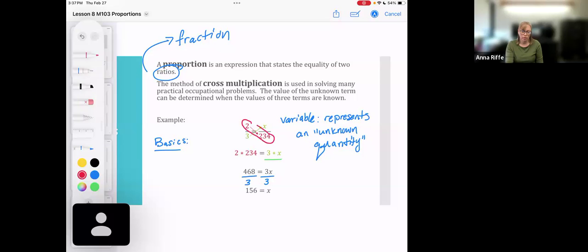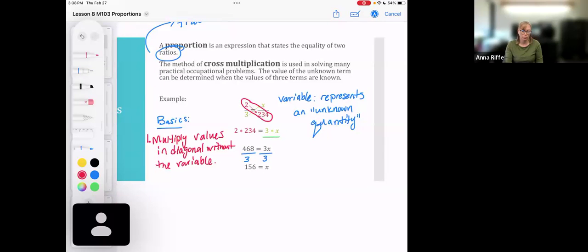One is the 2 and the 234, and one is the 3 and the x. The diagonal that has no variables involved is 2 and 234. We're going to multiply those two values, the values in the diagonal without the variable. Most of the problems that we are going to encounter in this lesson have such a diagonal without a variable.